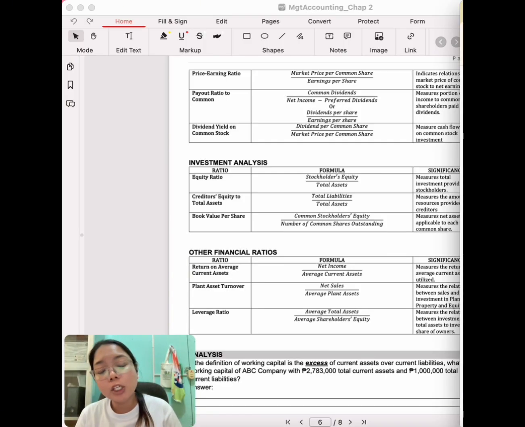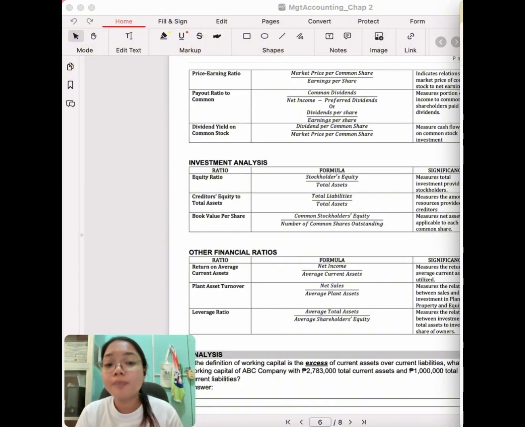So this measures the total investment provided by stockholders. If the equity ratio is 60%, for example, it means that 60% of the company's assets are financed by stockholders' equity. So in simple terms, how much of the company's resources are funded by the owners. So that is the equity ratio. Next, we have the creditors' equity to total assets. So our formula there is total liabilities divided by the total assets.